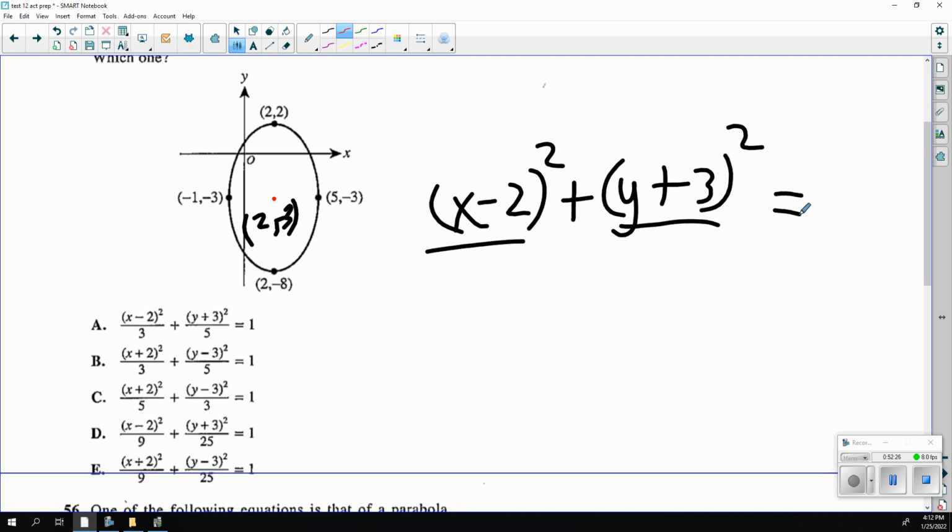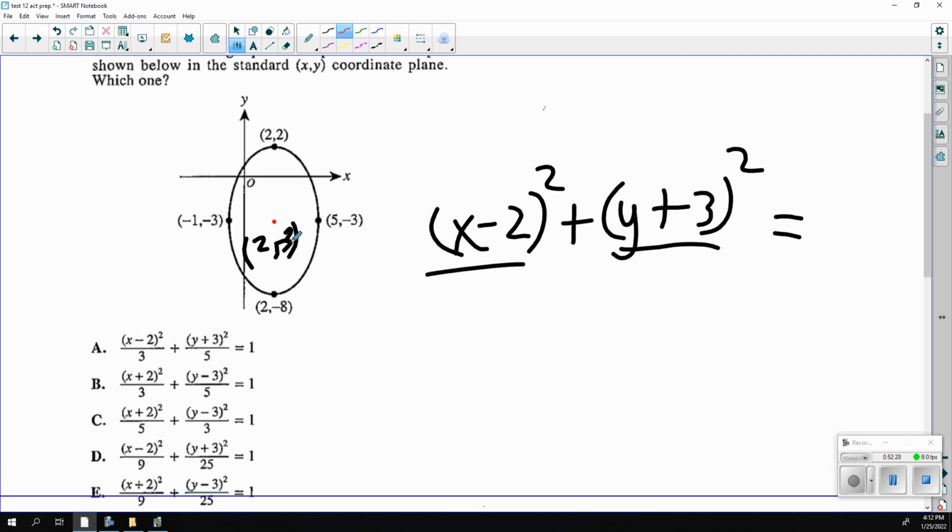Now for ellipses, you do the radiuses. The x radius, the x stretch, is 3, which means this is a 9. The y radius, the y stretch, which is negative 3 to 2, is 5, which makes this 25, and they're always equal to 1.